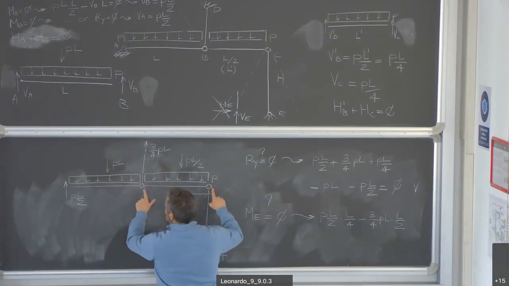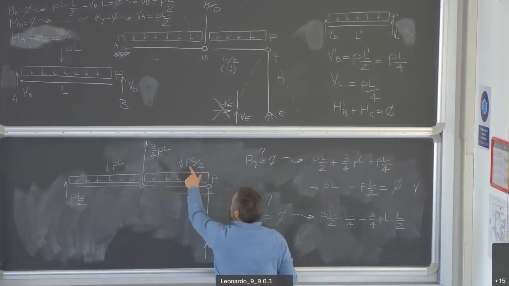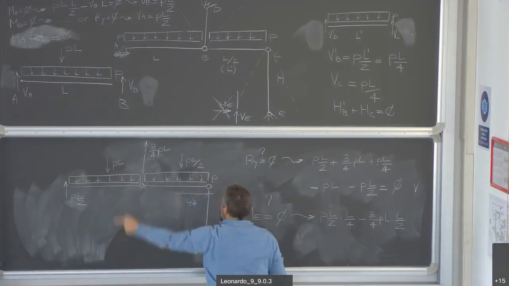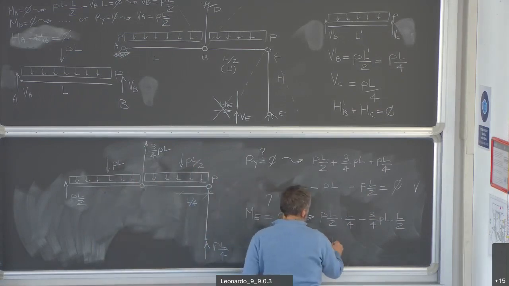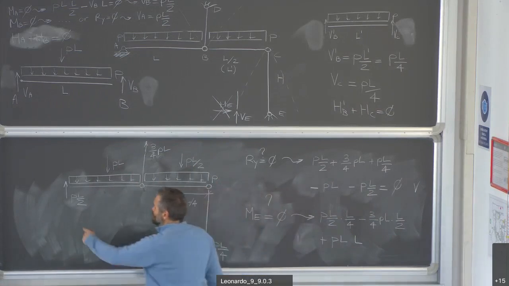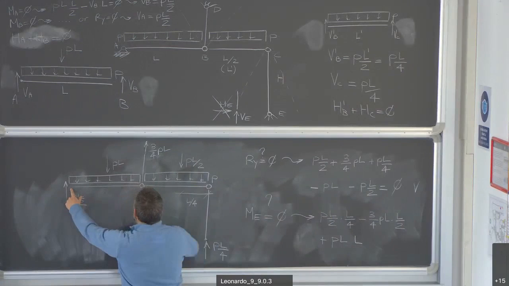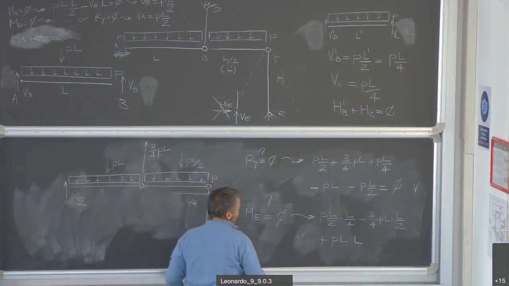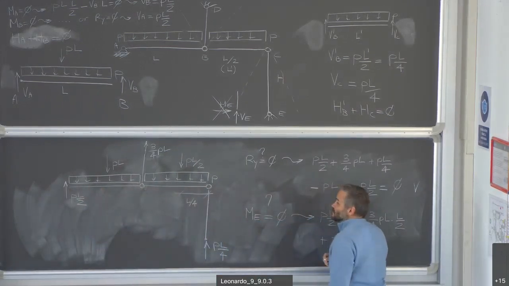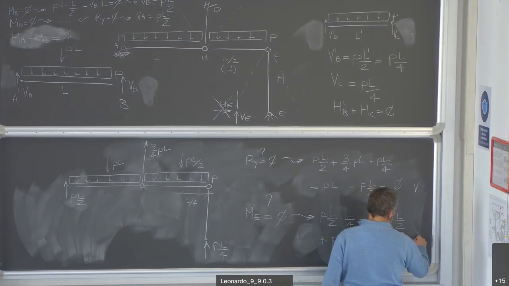It's L divided by 2 plus L divided by 2. So it's L. Its contribution is much like this one, so it's counterclockwise. So I will put here plus PL times L. Last but not least, I have this PL divided by 2, whose lever arm is L plus L divided by 2. So minus, because it's clockwise, PL divided by 2 times 3 divided by 2 PL.